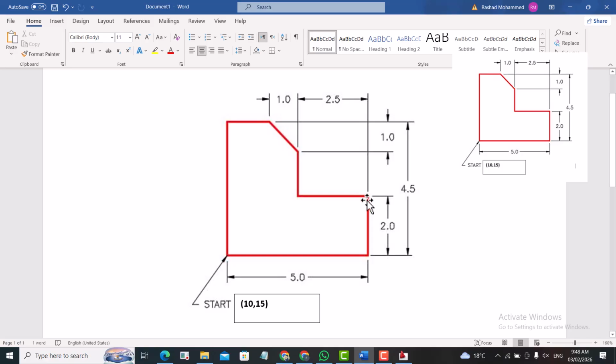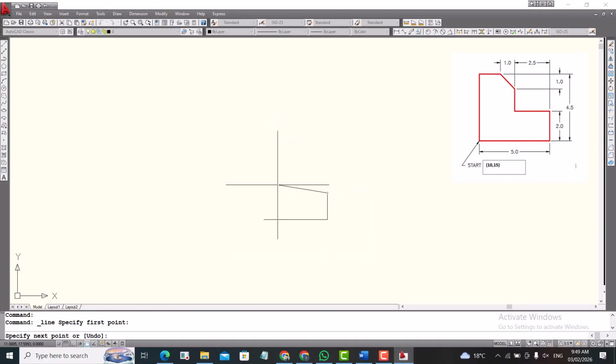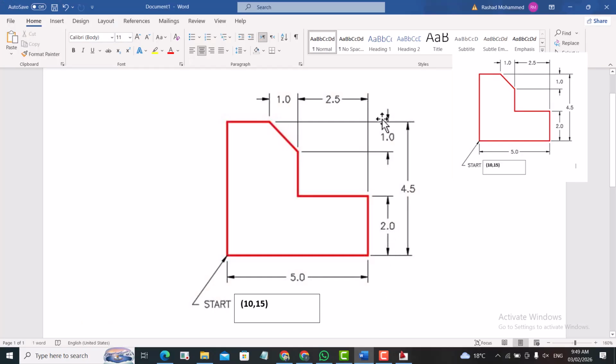For next point, we have 2.5 in minus X direction. So shift @ negative 2.5, 0. Good. Next point, that's all 3. This one all 4.5.